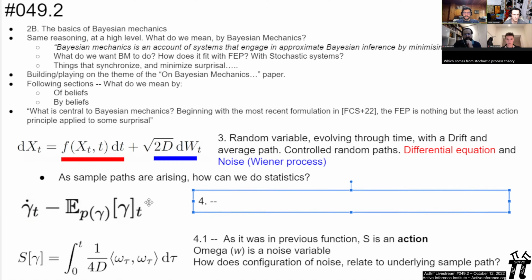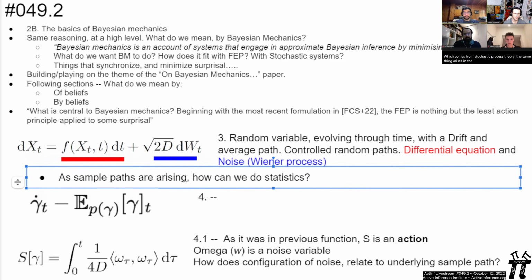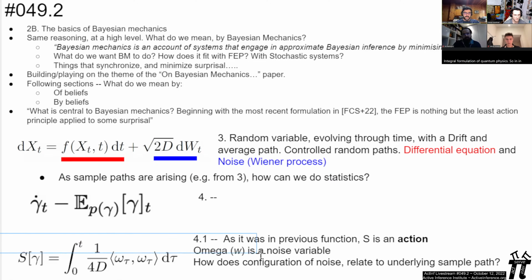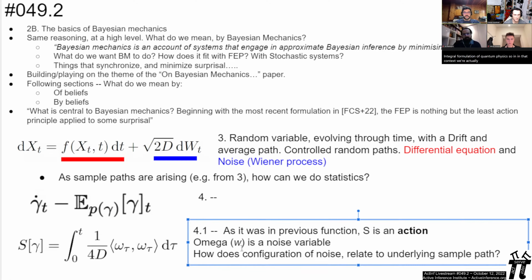The same thing arises in the path integral formulation of quantum physics. In that context, we're often interested in the transition probability of a particle through space-time. That's nothing but asking what is the probability that a particle moves from point A to point B, given a particular fixed initial point.